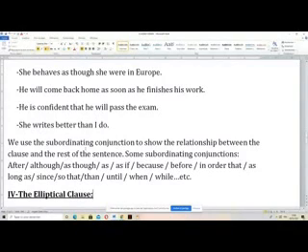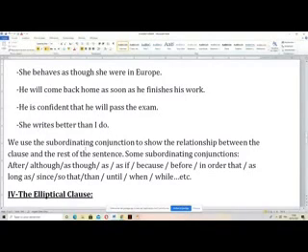Although is contrast, as though is comparison, as is time, as if is comparison, because is cause or reason, an adverb clause functioning as an adverb of reason or cause.